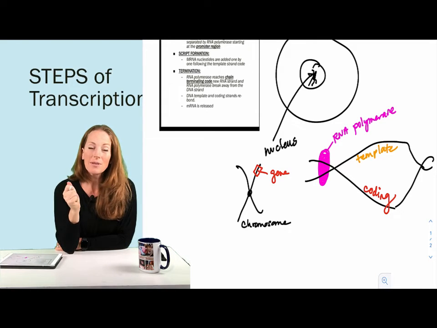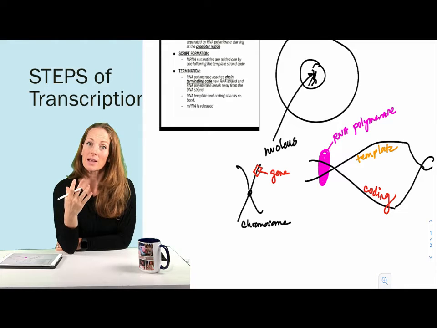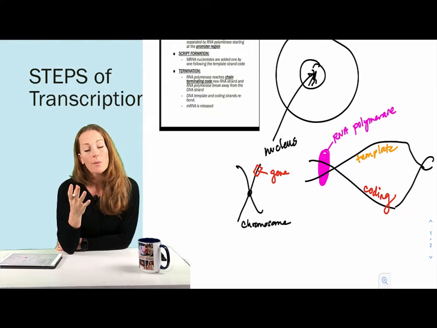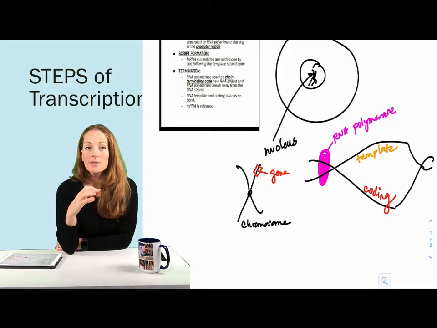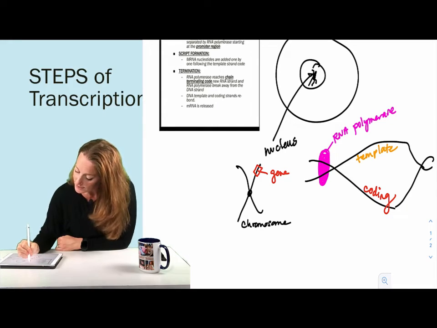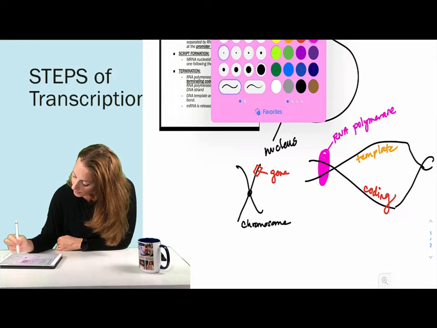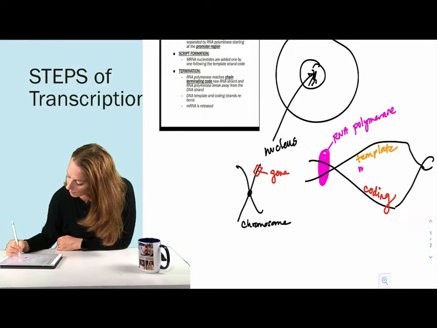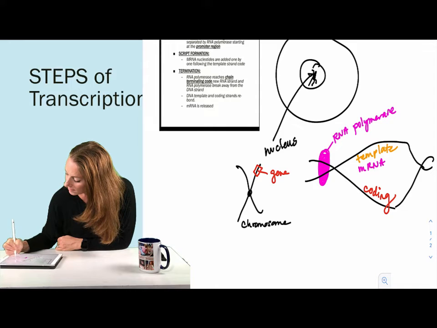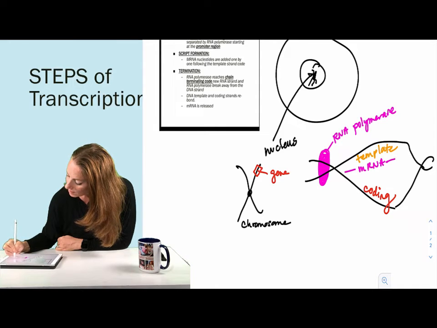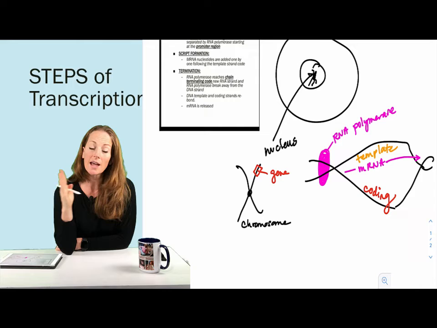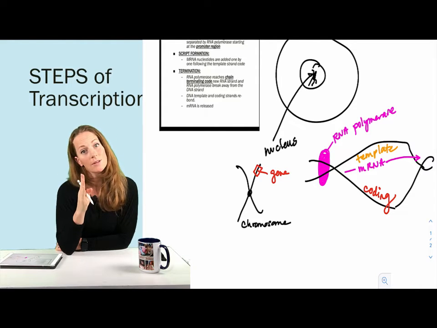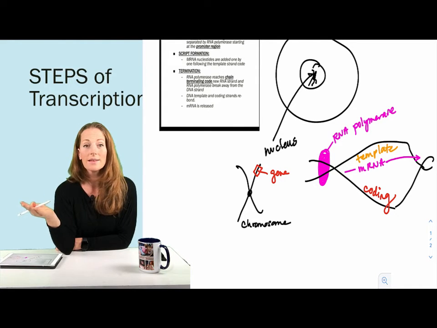Well, what we said a couple of slides ago, it's the template strand that's going to be read to form the mRNA. So the RNA polymerase is going to separate the template and the coding strands, and then one by one add the mRNA nucleotides. So the mRNA is going to form along the template strand, one by one, nucleotide by nucleotide, forming complementary pairs with that template strand.